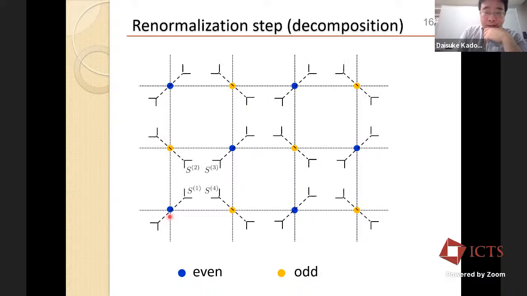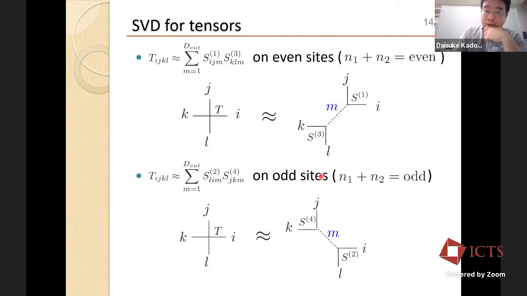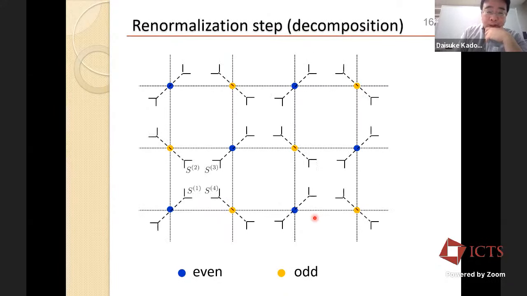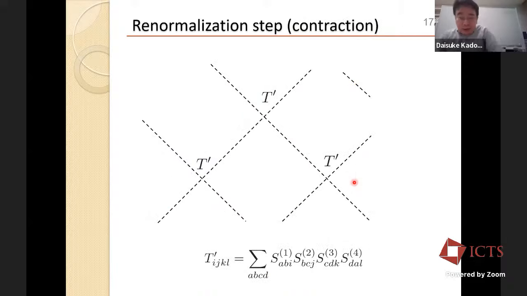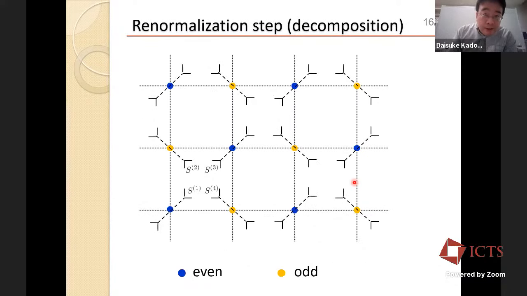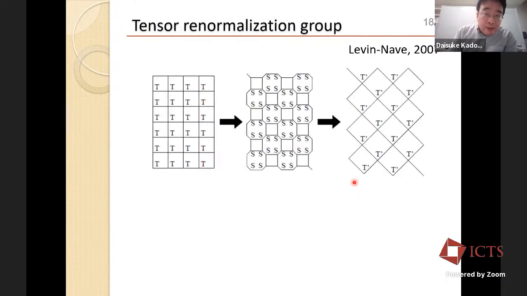And dotted lines are new indices that appear in this SVD, and all the solid lines are old indices, and we can take the contraction of all old indices. This part becomes a rank 4 tensor, and these parts become rank 4 tensors like this.